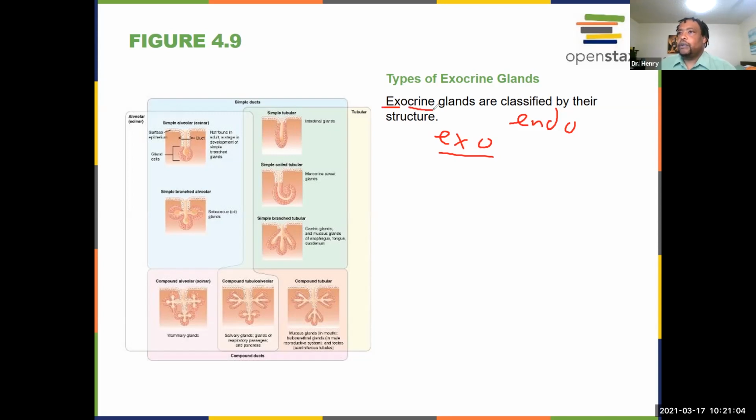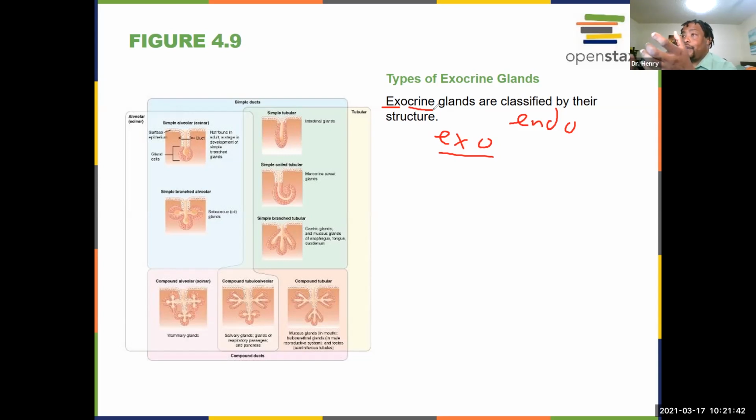So exocrine, what do you think that means? What do you think we're going to be doing?